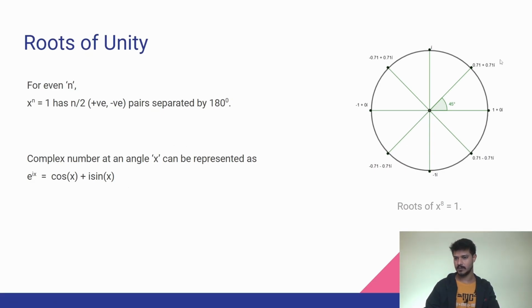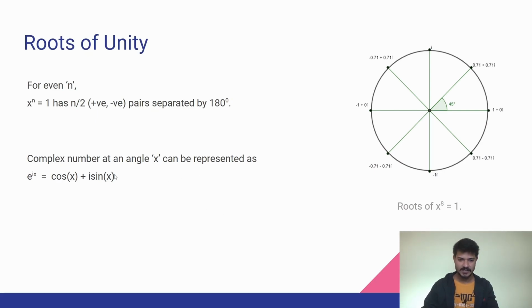Now, using this, you can actually prove that two of the roots which are separated by 180 degrees, that means pi, and when n is even, there will be roots that are separated by pi. You can actually prove that they will always form positive negative pairs, right? Since we are not going deep into the complex number theory, I won't be proving that, but you can do it easily.